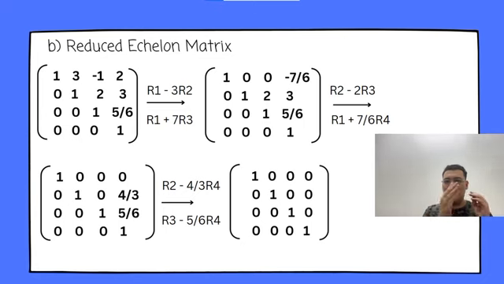For example, we have 4 over 3 in R2, so row 2 will be minus 4 over 3 R3. Same goes for row 3. R3 will be minus 5 over 6 R4, and we will have 1, 0, 0, 0, 0, 1, 0, 0, 0, 0, 1, 0 and 0, 0, 0, 1. And this is the reduced echelon matrix.